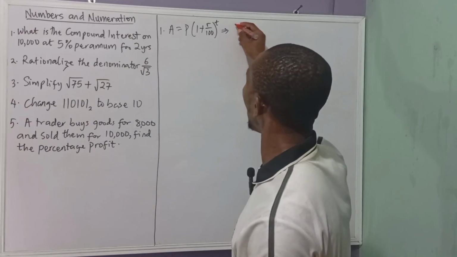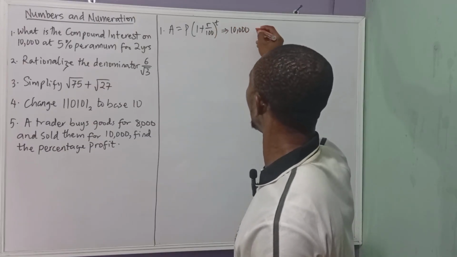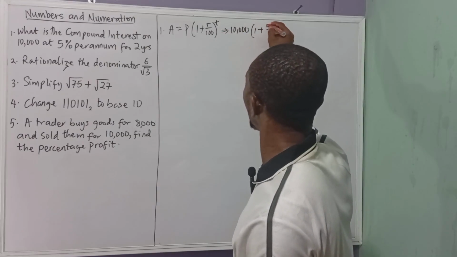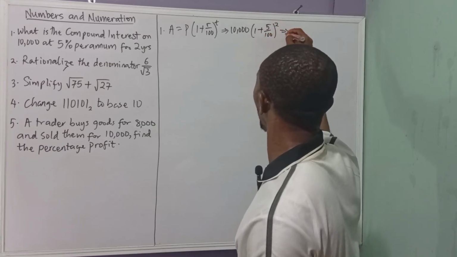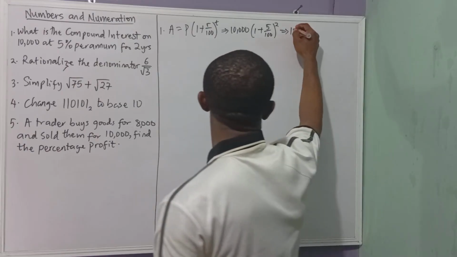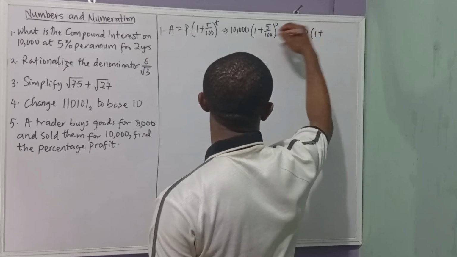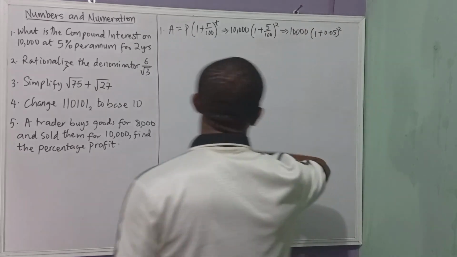So this becomes our principal, which is 10,000, bracket 1 plus rate, which is 5 over 100, raised to the power 2. Okay, so this gives us 10,000 bracket 1 plus 0.05, all squared.